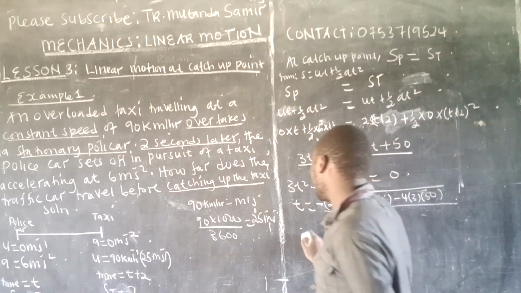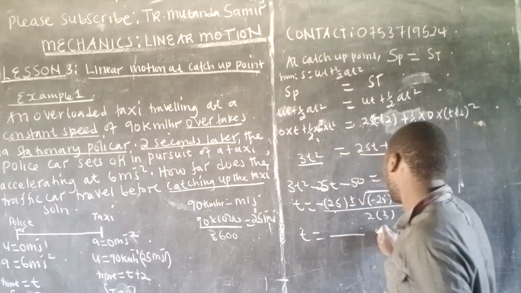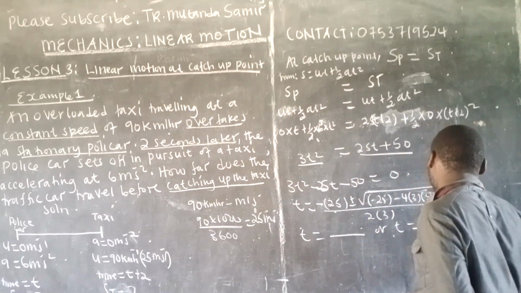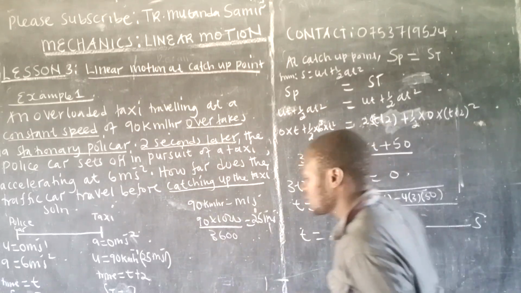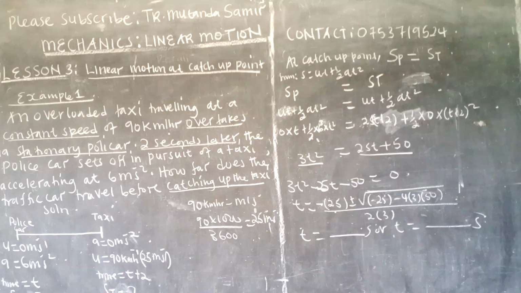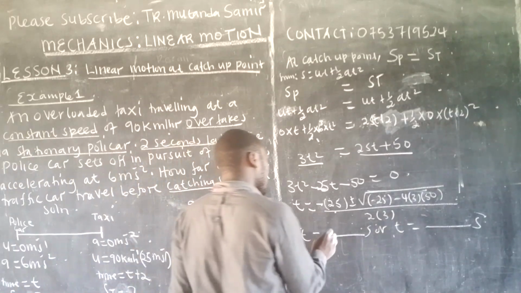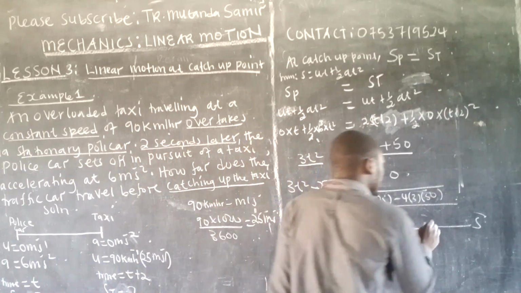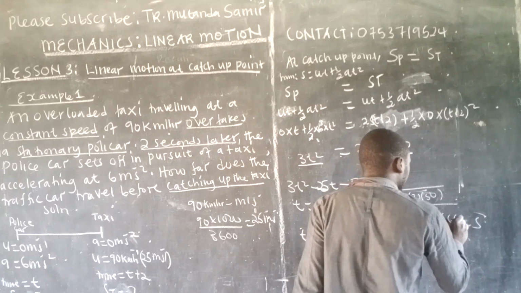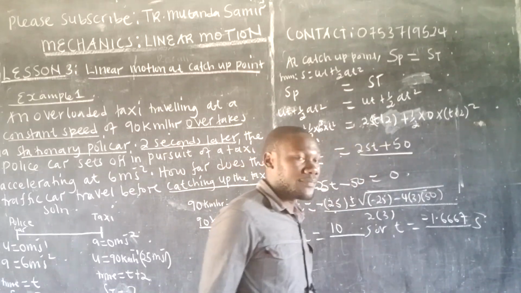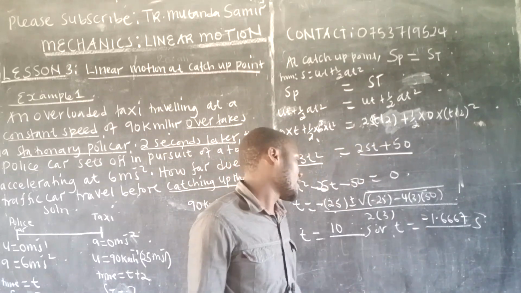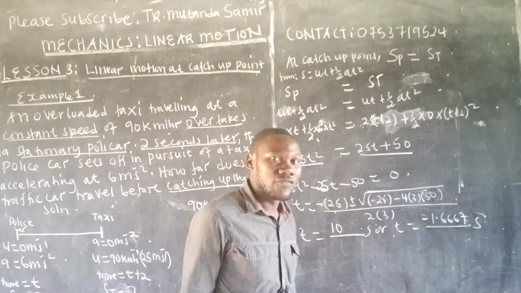So here we need the time t, in seconds. Press your calculator and give us that answer. On my calculator, we are getting 10 seconds and negative 1.6667. Please, time can never be negative. So we shall take time as a positive 10.